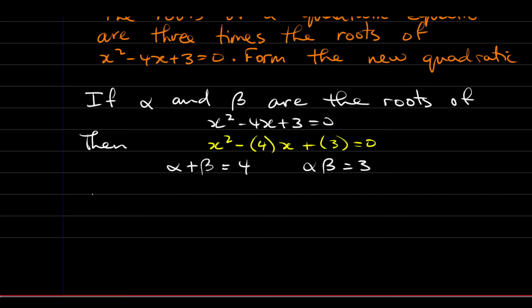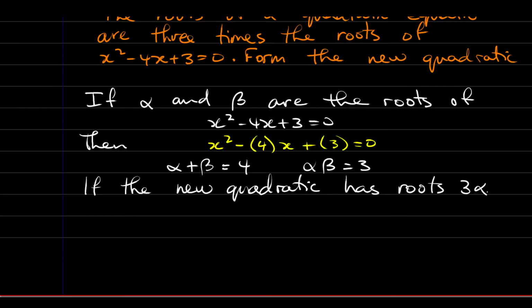And if the new quadratic has roots 3 alpha, in other words 3 times one of the roots and 3 times the beta root, then we can say that 3 alpha plus 3 beta is the sum of the roots.